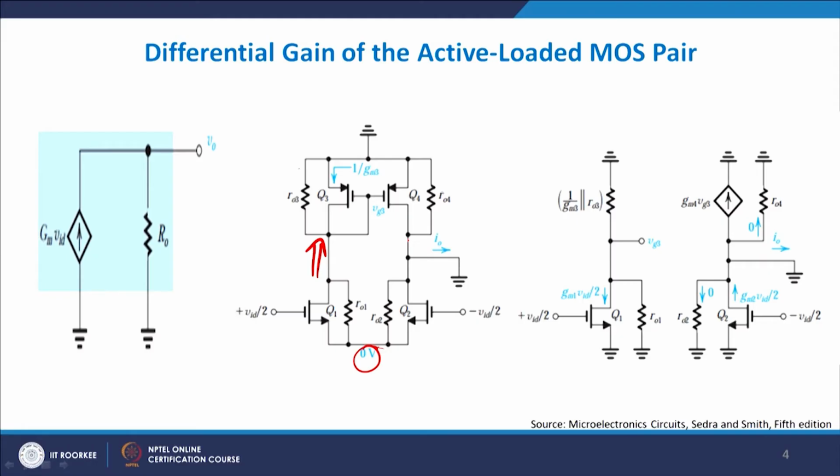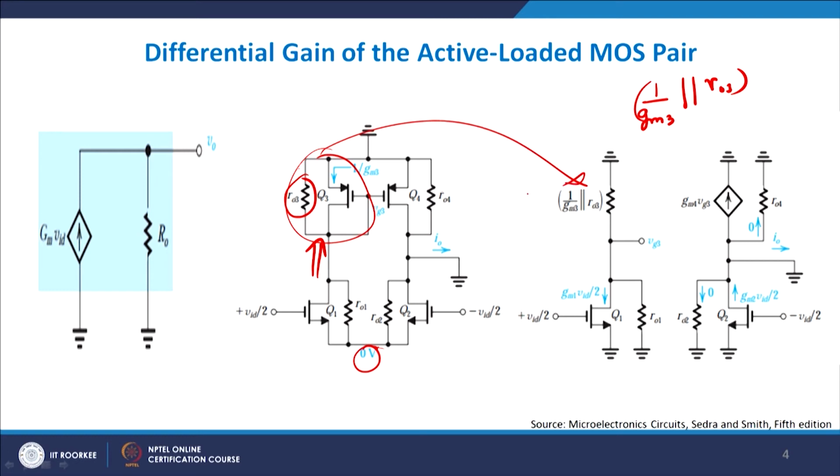If you look from this side towards this side, the effective resistance offered will be R03 in parallel to Q3, and Q3, as I discussed with you, if you look from the drain and source side, the resistance offered is given by this. So, this resistance is in parallel to R03, and that is what I have written here. This is replaced by this quantity.